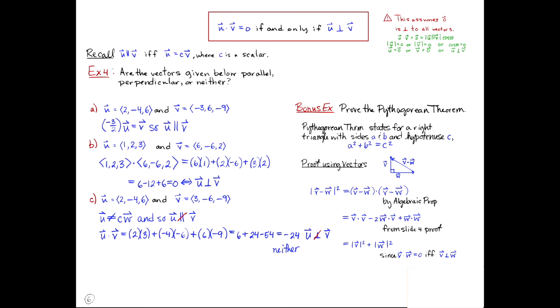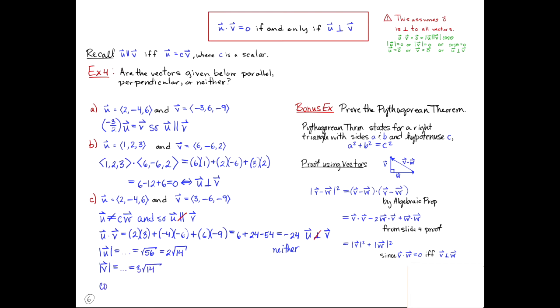But now note, if we were going to find the angle between these two vectors, the magnitude of u is equal to the square root of 56, which you can reduce down to 2 root 14. And the magnitude of v is equal to 3 root 14.